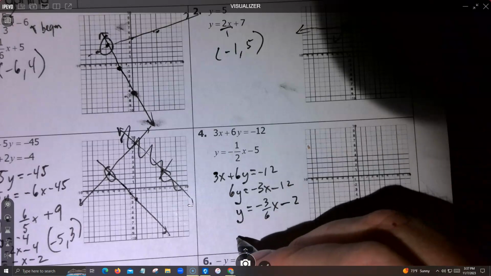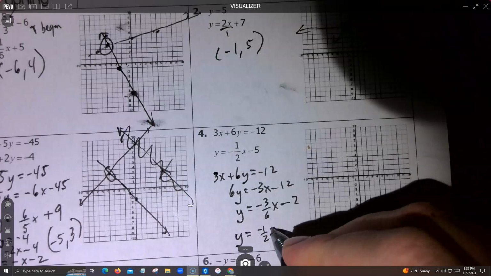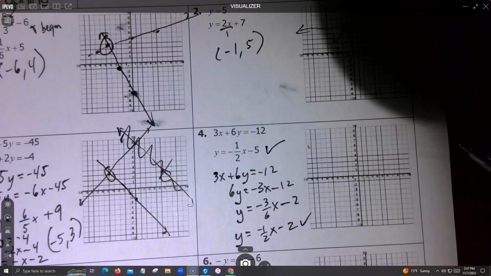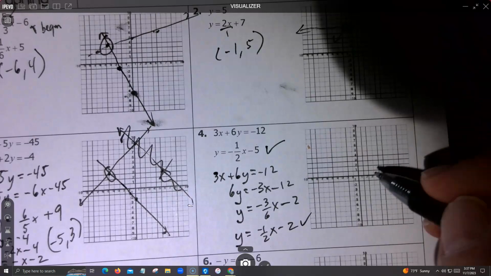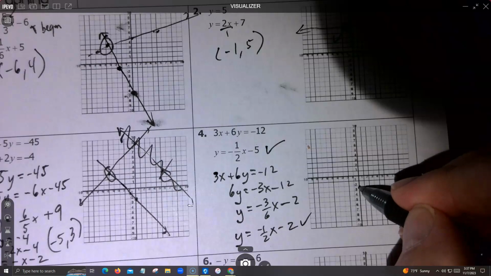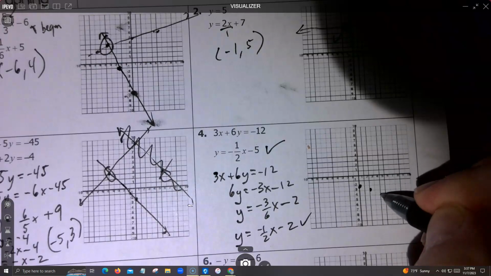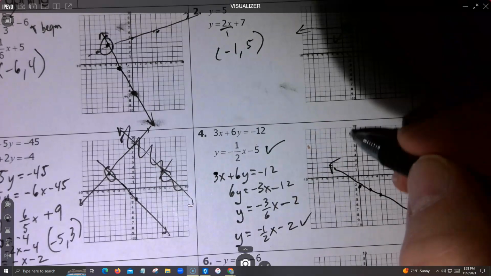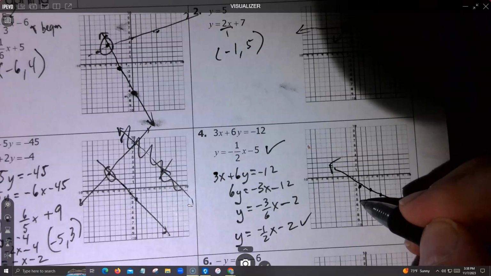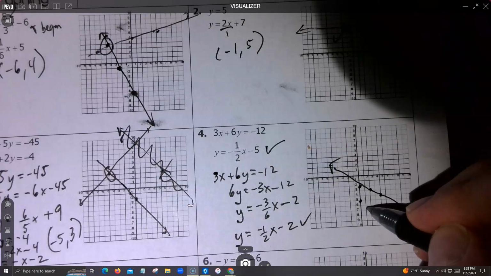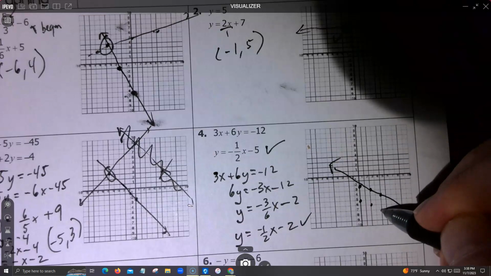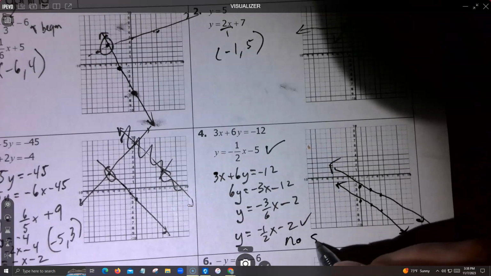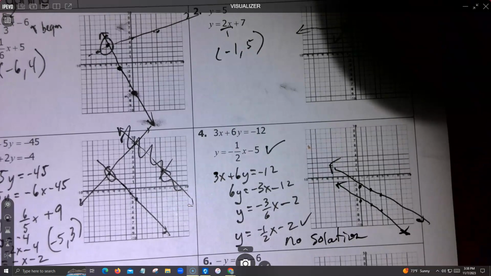Which gives you, now if you look at this one and this one, these are going to be parallel lines. Start off at -2, go down 1 over 2. So that's this line here. And then the one over here is the same except down here, down 1 over 2. So they're going to run beside each other, and so there's no solution. They don't run into each other.